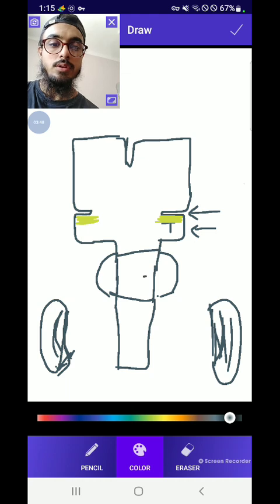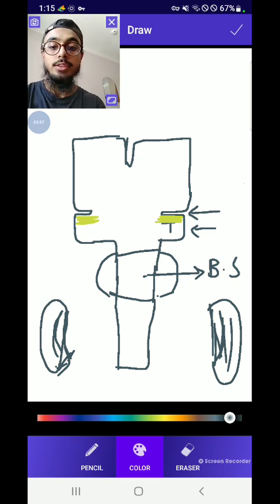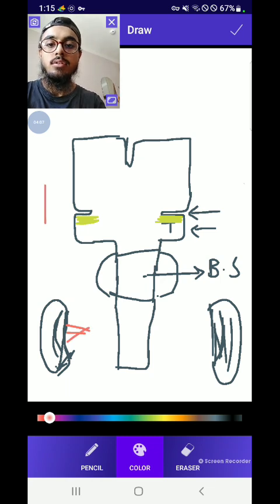This is your brainstem. Now I have to draw the pathway related to it. I have to draw in red. From the inner ear, this is the right side and this is the left side.